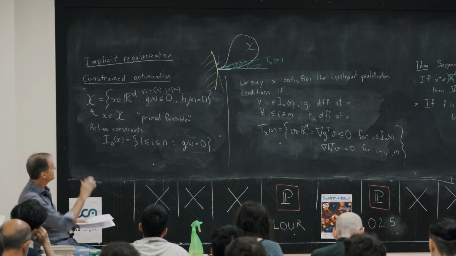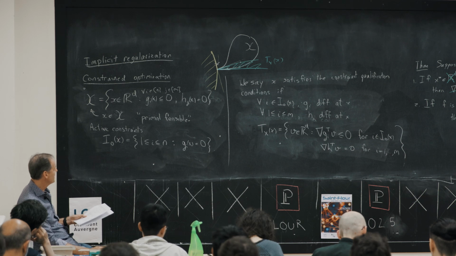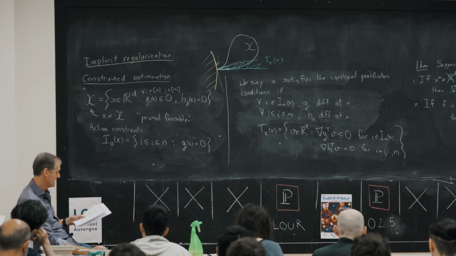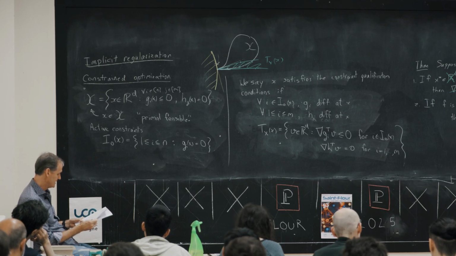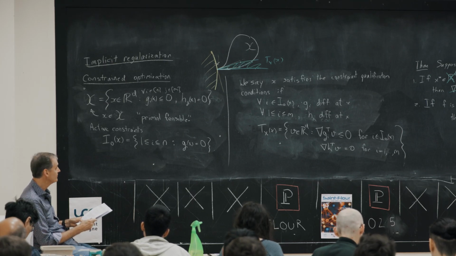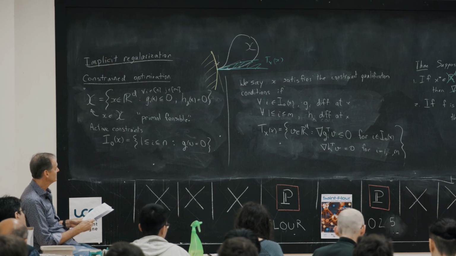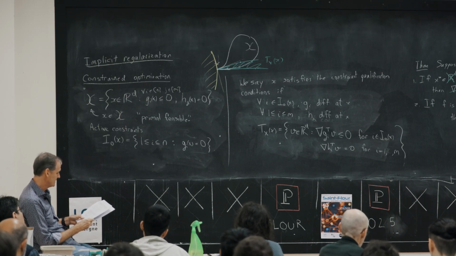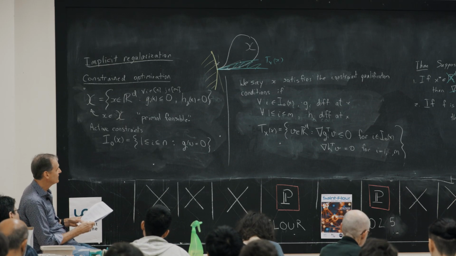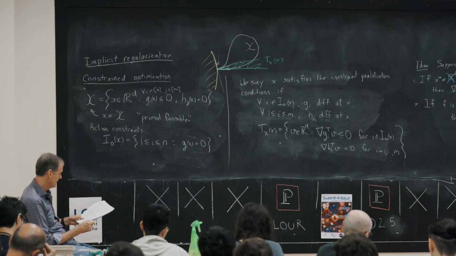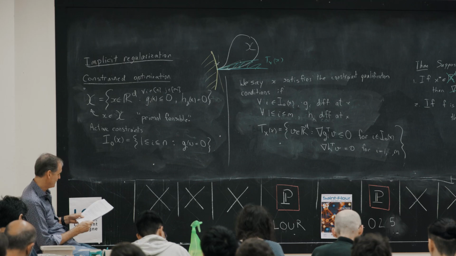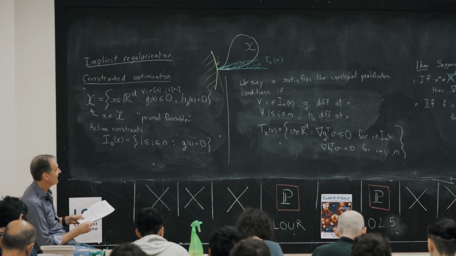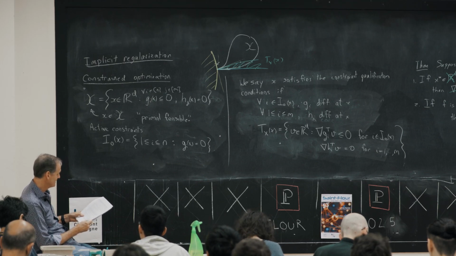And when we're in this situation of satisfying the constraint qualification conditions, then we can define these explicit conditions called the Karush-Kuhn-Tucker conditions.